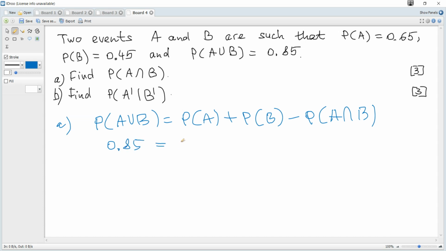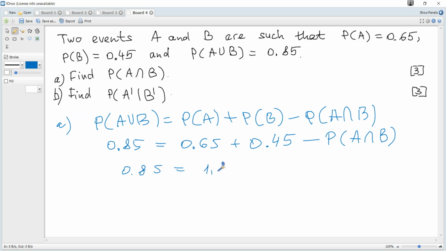And it becomes 0.85 is 0.65 plus 0.45 minus probability of A and B. And it becomes 0.85 is 1.1 minus probability of A and B. Move 1.1 to the left, or negative probability to the left to be positive, and 0.85 to the right.